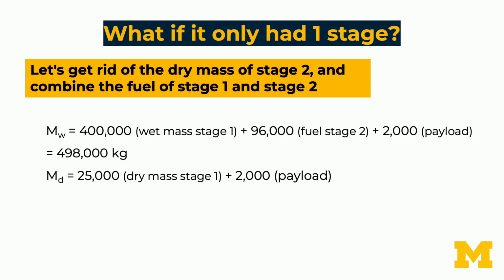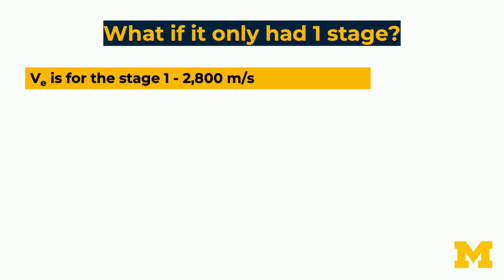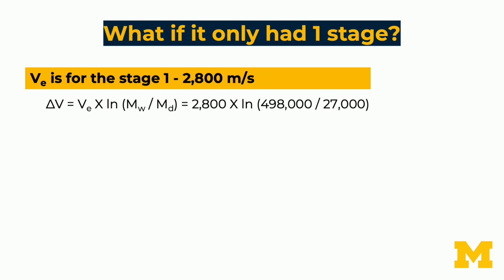Then the dry mass is just the 25,000 of stage 1 plus the 2,000 of the payload, and that is 27,000 kilograms. But we have to remember that the exhaust velocity for stage 1 is only 2,800 meters per second, okay? So when we do our math, delta V is equal to the 2,800 times the natural log.